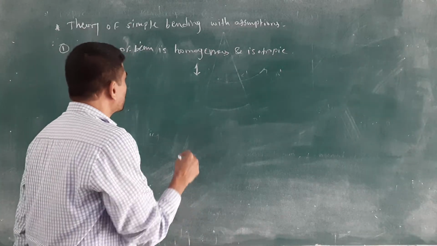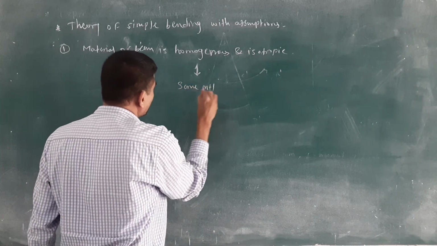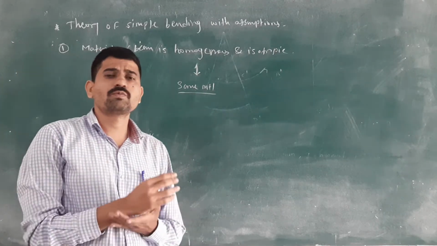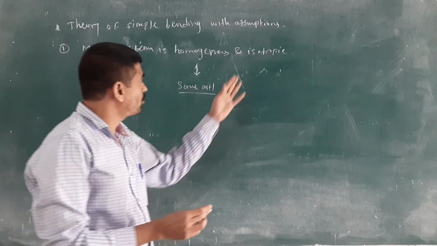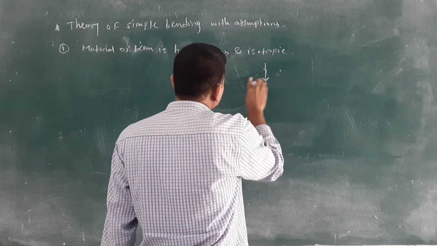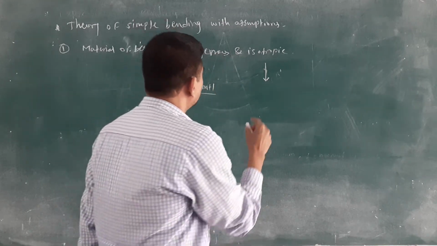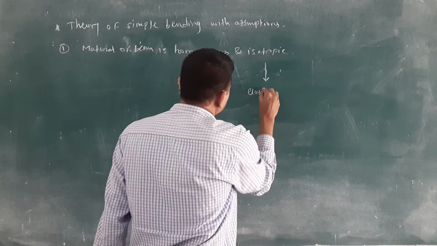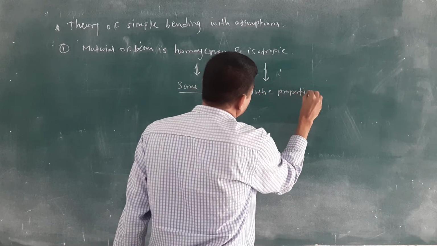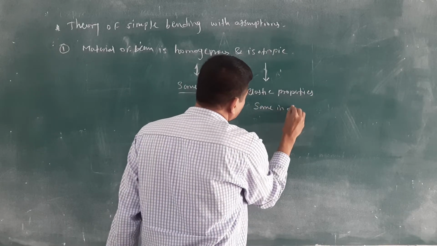You will get the same material throughout. For example, wood is a homogeneous material. And what is isotropic? You will get the same elastic property of that material in all directions.